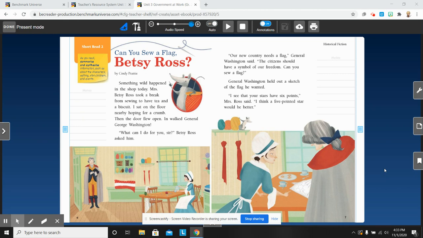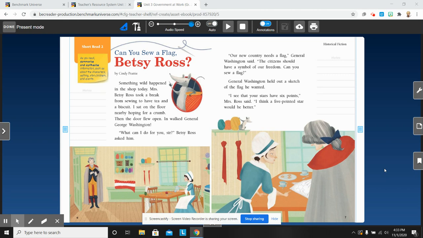So today, we're going to look at this story and we're going to try to make some connections, but we're also going to be thinking about point of view. Point of view is how that story or that character is sharing their story.